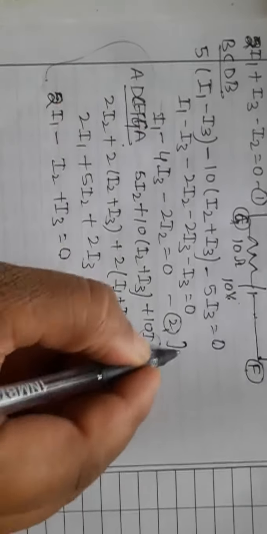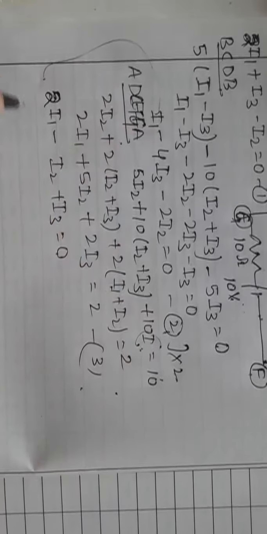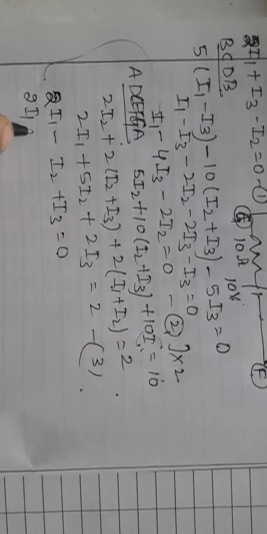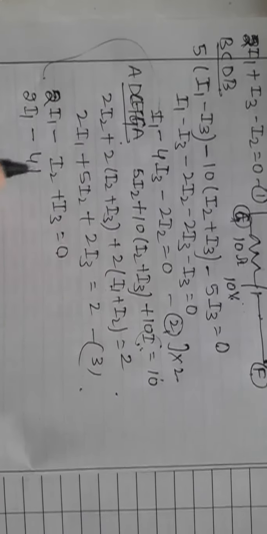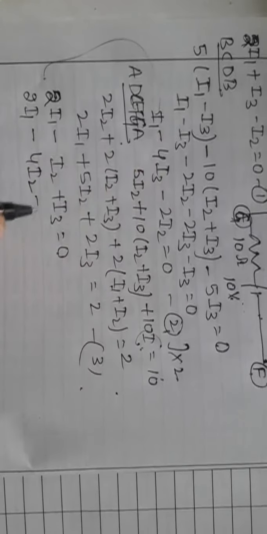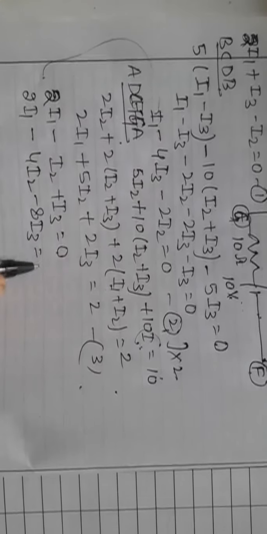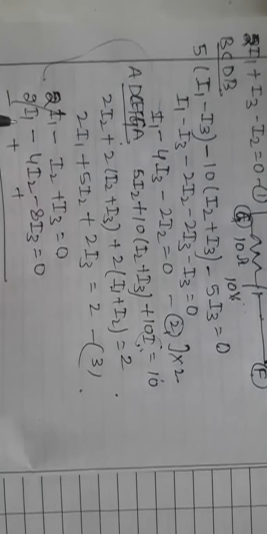From equation number 2, write this equation again by multiplying by 2. So it will be twice of I1 minus 2 into 2, 4 I2 minus 8 I3 equal to 0. Subtracting, it will be minus plus plus, I1 cancels out.